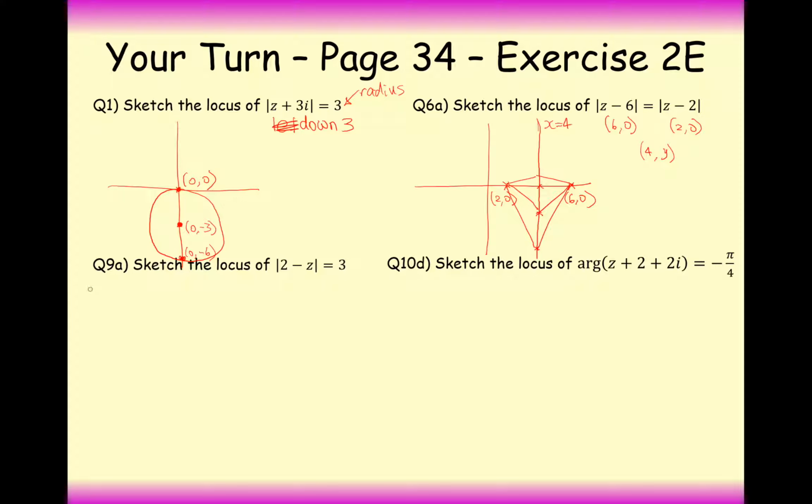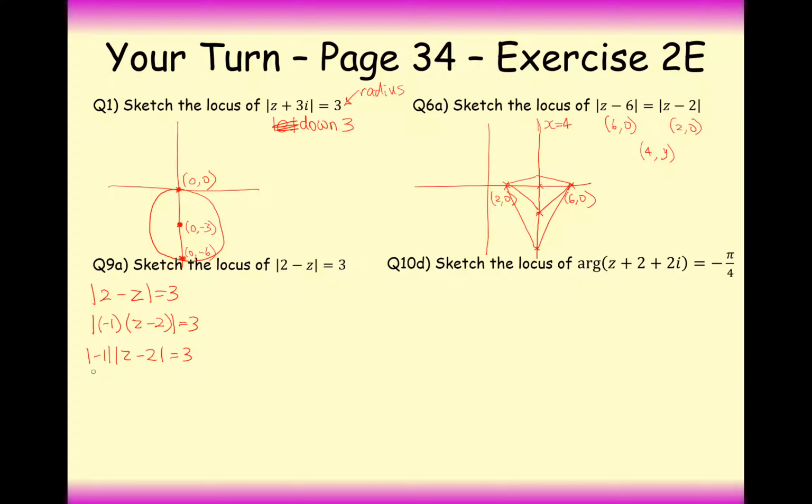Question 9 here is a little bit tricky. Unless you've seen the trick, it is very difficult to get this one. Now what I'm going to do, inside the brackets, I'm going to factor out minus 1. So that will give me z minus 2. And then I'm going to use the rule that for moduluses, you can times the moduluses together separately.